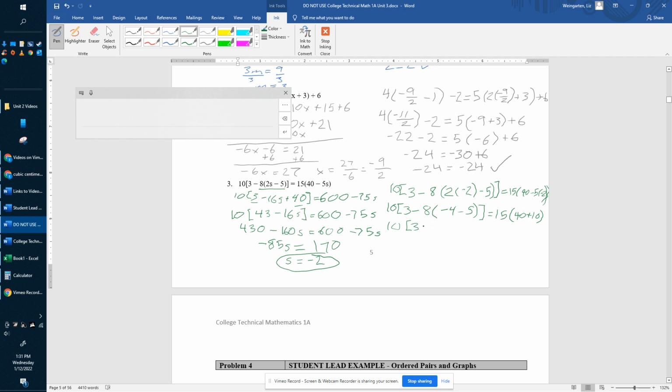10 times 3 minus 8 times negative 9 equals 15 times 50. So this is a negative 8 times negative 9. That's going to be positive 72, equals, what's 15 times 50?